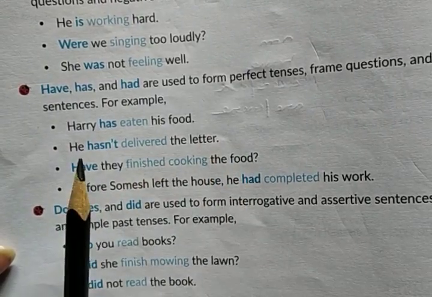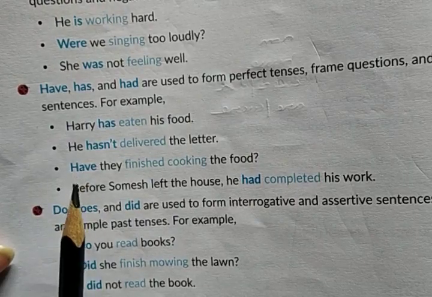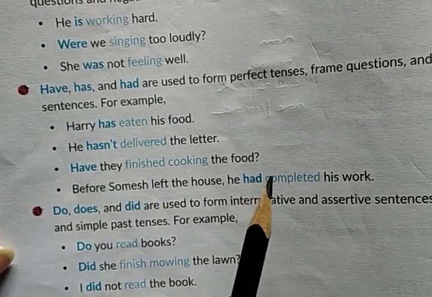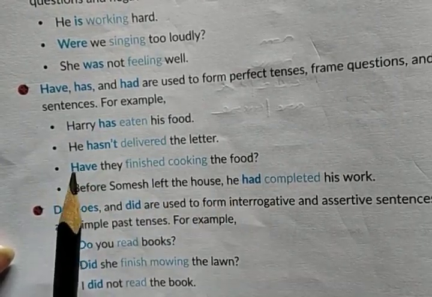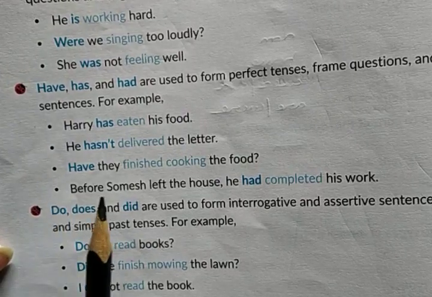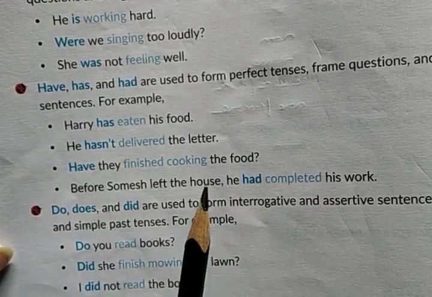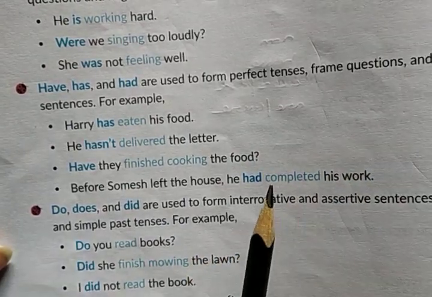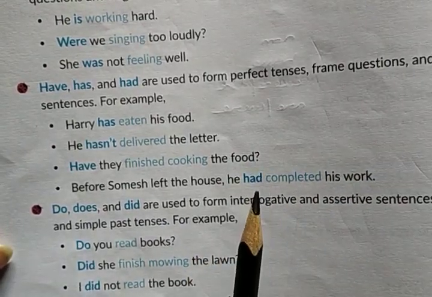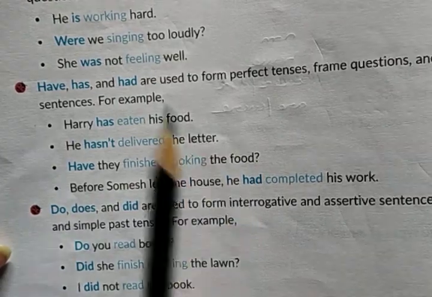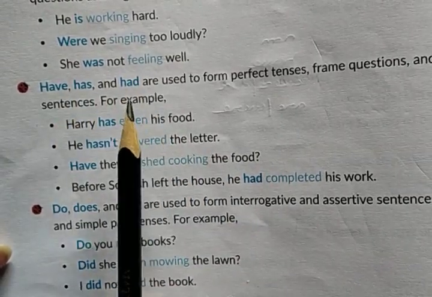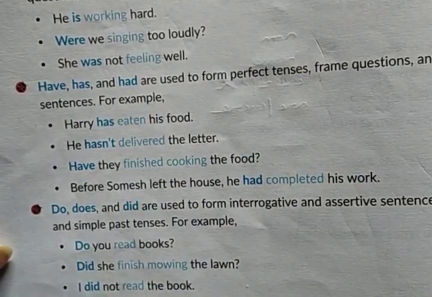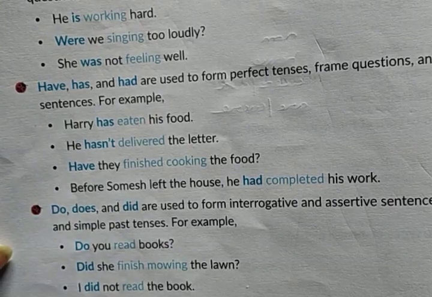Again "has" is used to form a negative sentence. "Have they finished cooking the food?" Here "have" is used to form an interrogative sentence. "Before Somesh left the house, he had completed his work." Again we are using "had" to form the past perfect tense. So the auxiliary verbs has, have and had are used to form perfect tenses, negative sentences and questions.